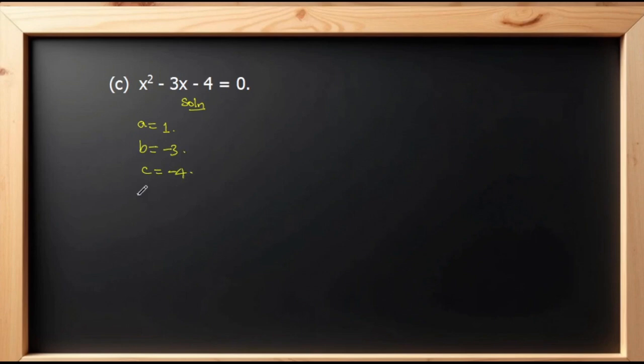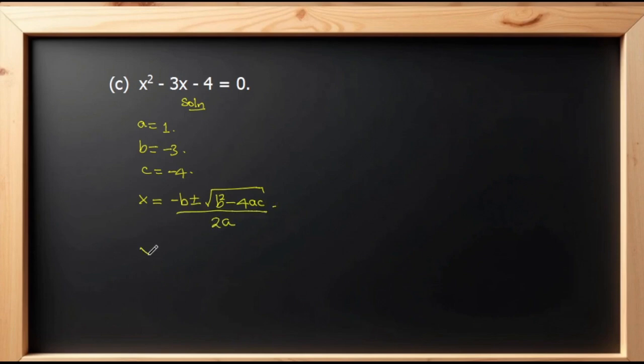So we can also state again our formula, that is x is given by negative b plus or minus the root of b squared minus 4ac, and the whole of this is divided by 2a.